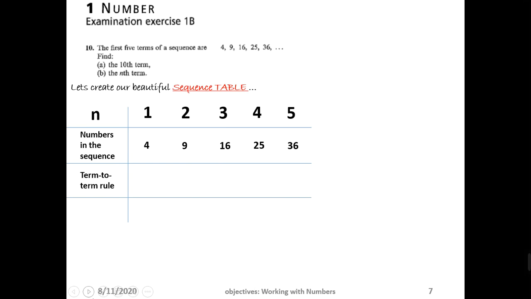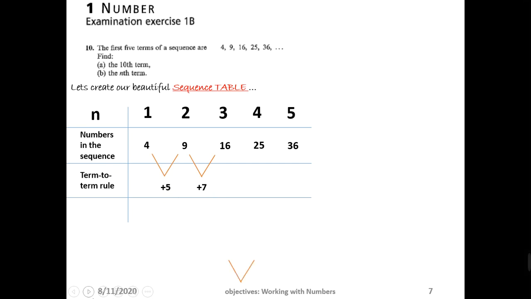The term-to-term rule: from 4 to 9 to 16 to 25, my sequence is increasing. So I must be thinking of addition or multiplication, right? Now, from 4 to 9, we're adding a 5. From 9 to 16, we're adding a 7.